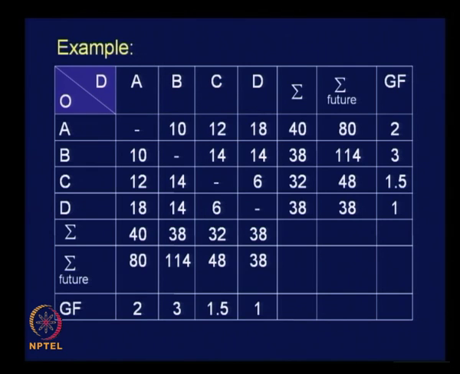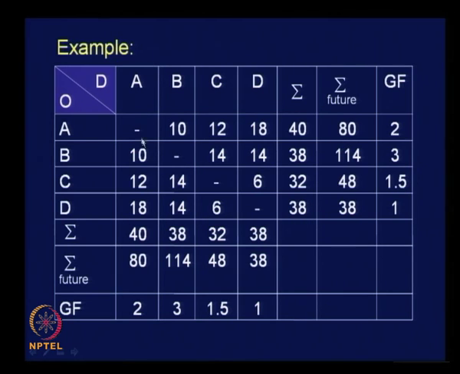And the sum of the cell values along a row are given in this column. First row sum 40 implies total trip production of zone A is 40 trips, is it not? PA is 40 and PB is 38, PC is 32 and PD is 38.